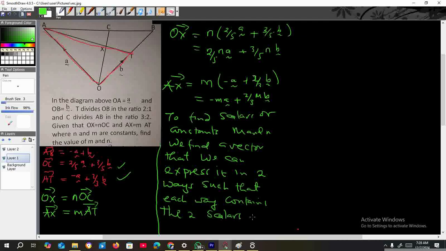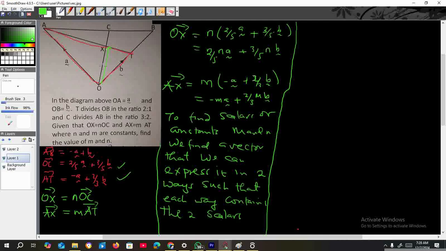In our case, the M and N. So by looking, we can express this OX in terms of N, because the OX is N OC, and also we can express it in terms of AX.